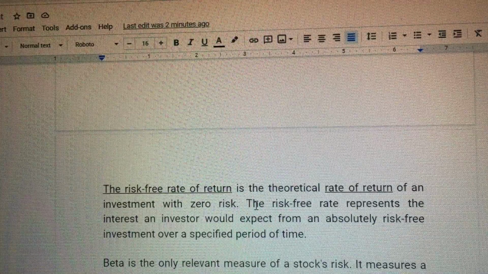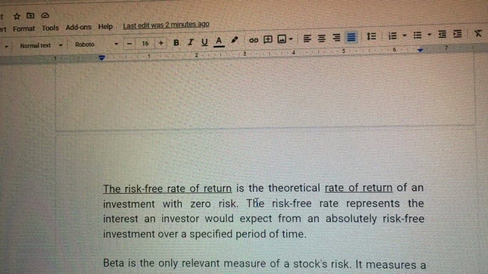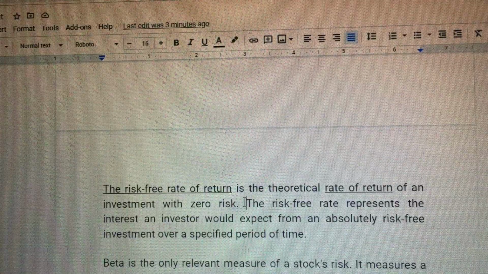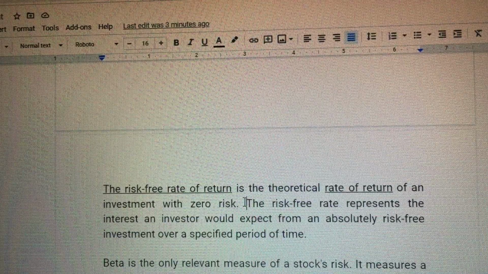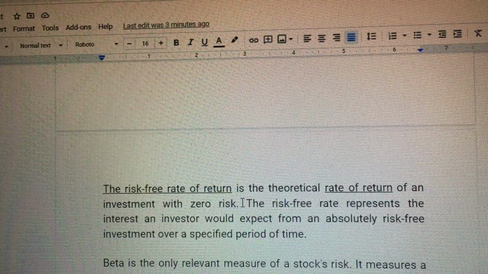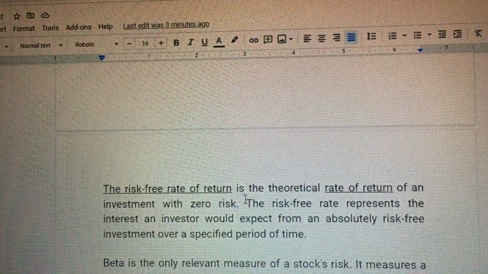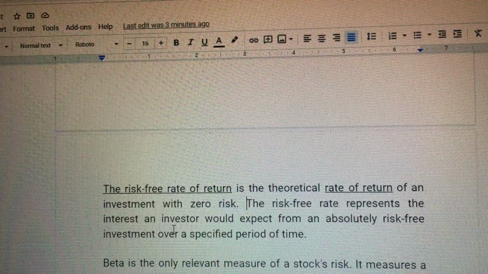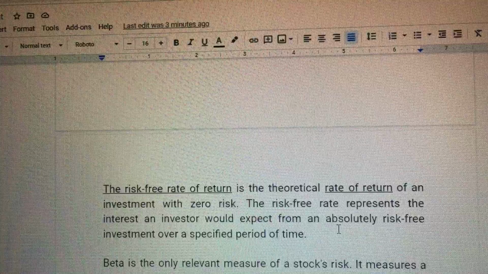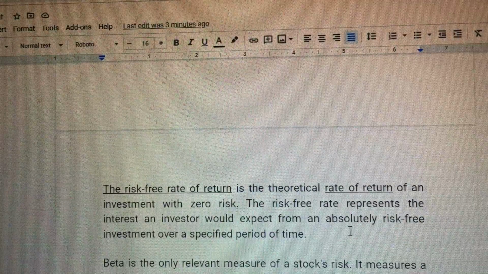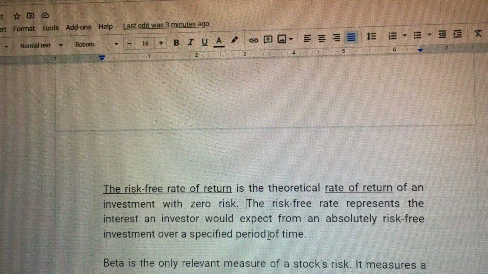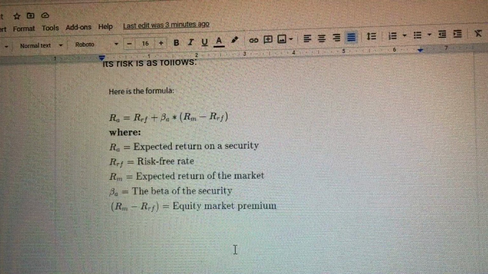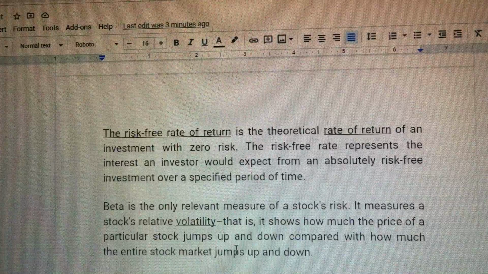So, although risky naagihapon siya somehow gamay nga risk, but they consider it as zero risk compared to stocks and treasury bills and other securities in the market. So, the risk-free rate represents the interest an investor would expect from an absolutely risk-free investment over a specified period of time. Or RRF.